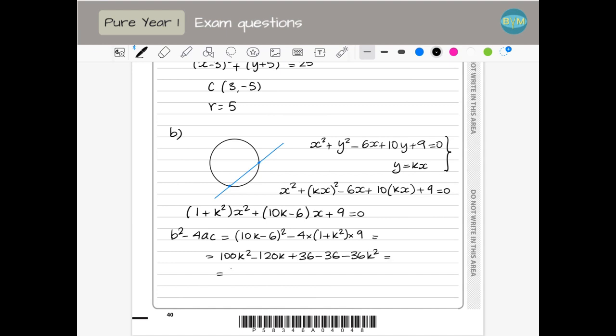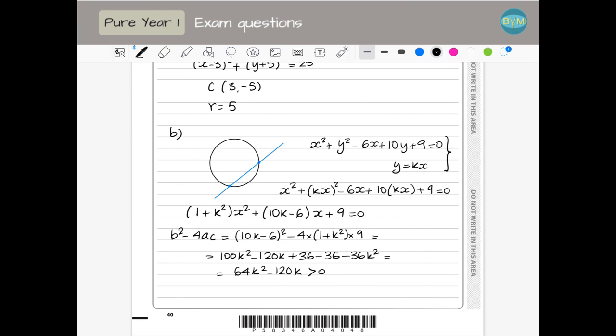And if I collect like terms, I have 64k squared minus 120k, and this must be positive.